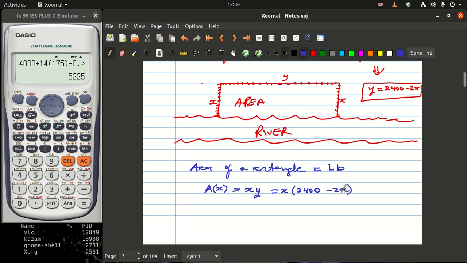If you look into this, you'll find out that it is 2,400 times x minus 2x squared. So I have A of x equal to this. This function is the area with respect to x.